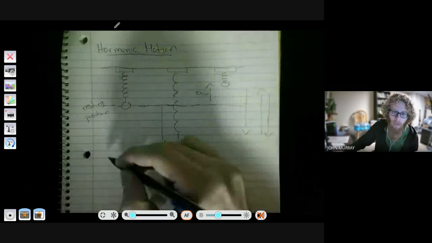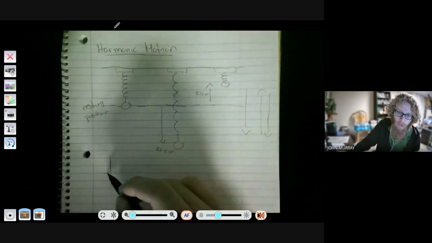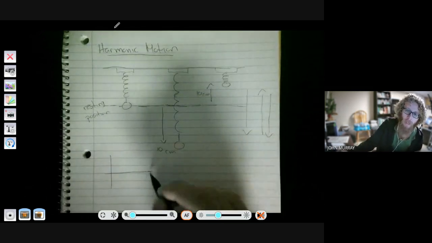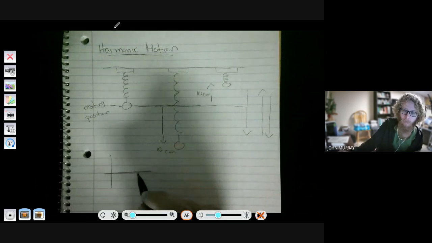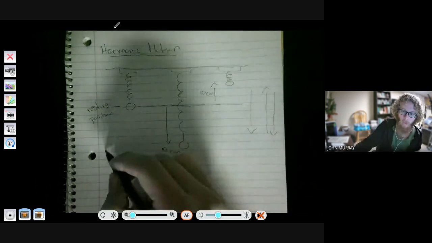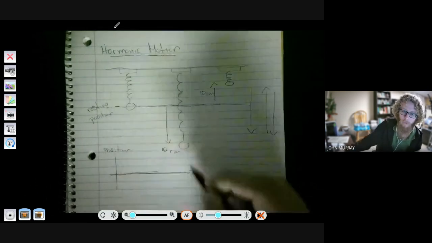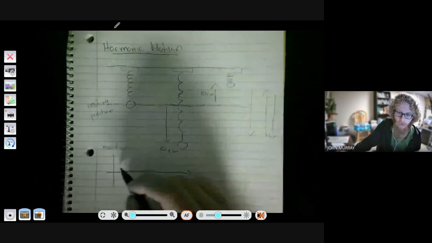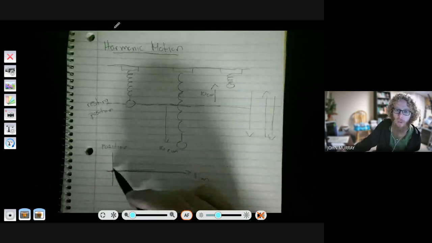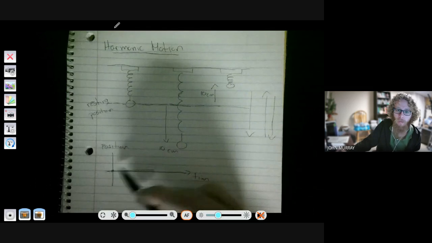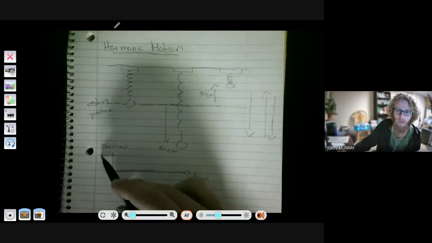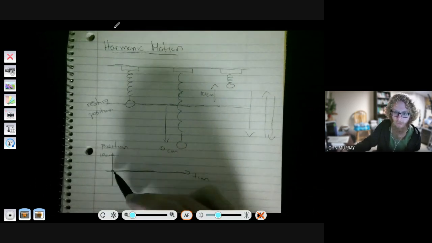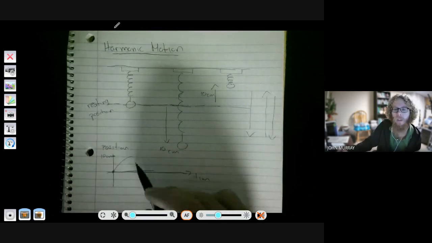So we can actually graph what's happening, right? If I take a look at a graph of the position over time, we start at the resting position. We pull it down to its maximum, 10 centimeters. Or we push it up.